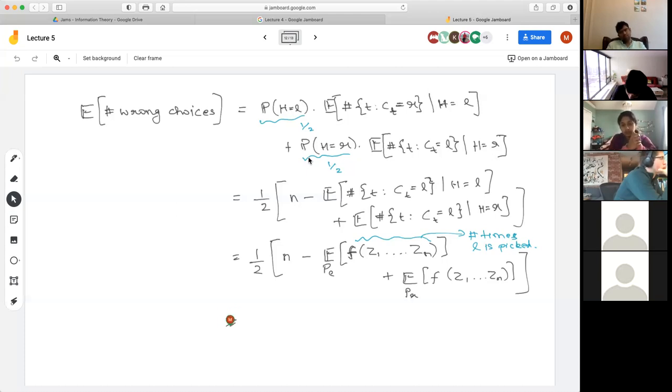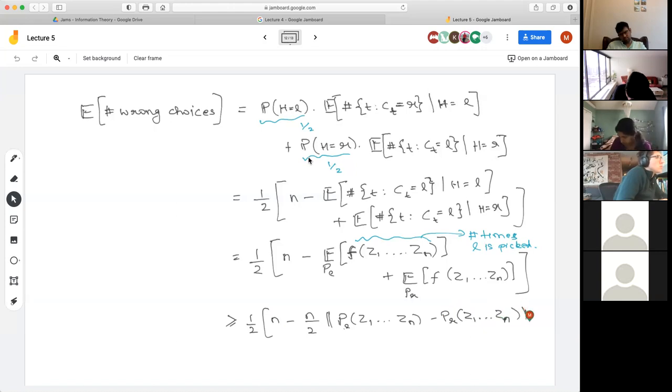So the function is upper bounded, or the number of wrong choices is lower bounded by half times n, minus n over 2 times the distribution you get for Z1 to Zn when the biased hand was the left one, minus the distribution you get for Z1 to Zn when the biased hand was the right one.